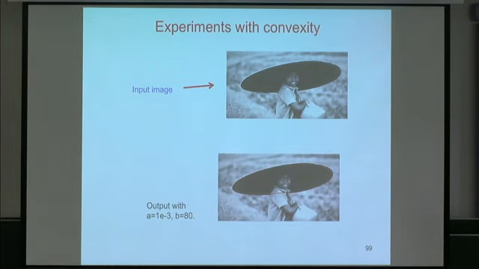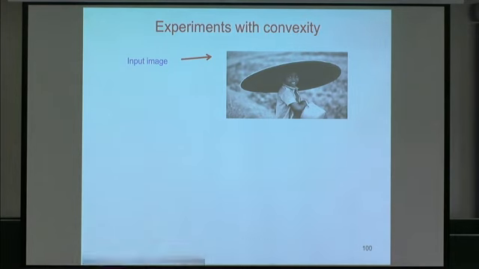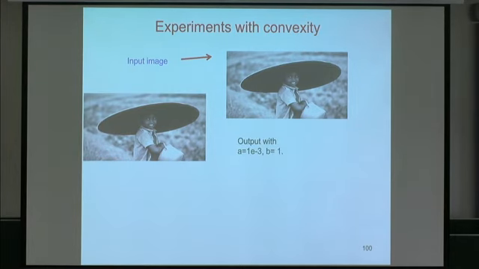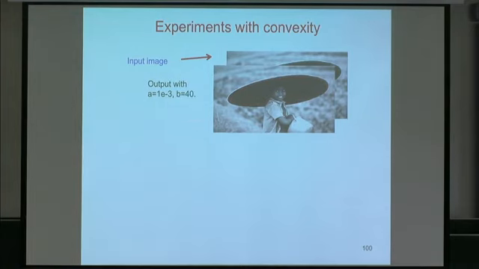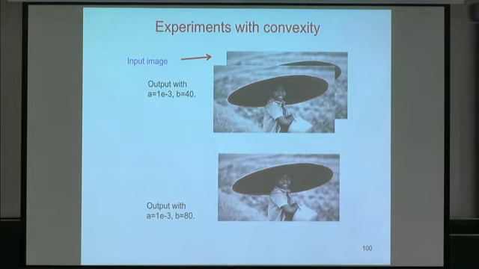I also show you that if the ratio is not big enough, you get it, but the convexity is less. If you increase it bigger, you get more convex, and in the end you get very, very convex. So this ratio determines the convexity.